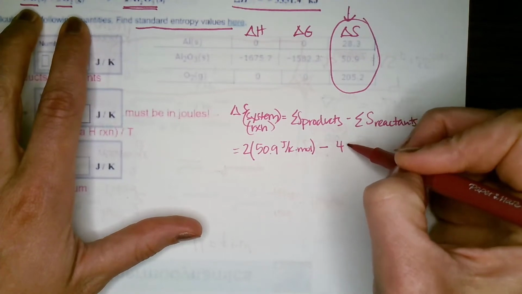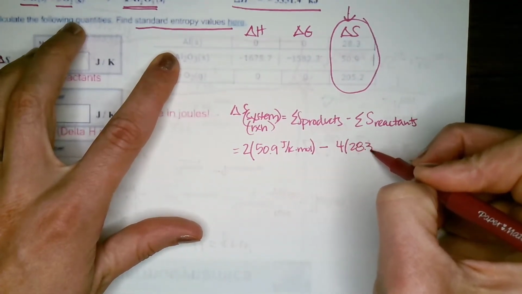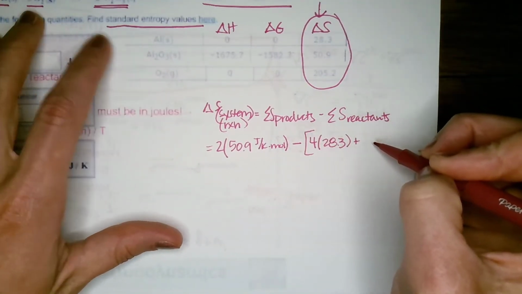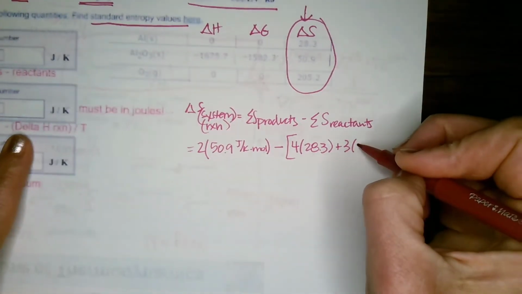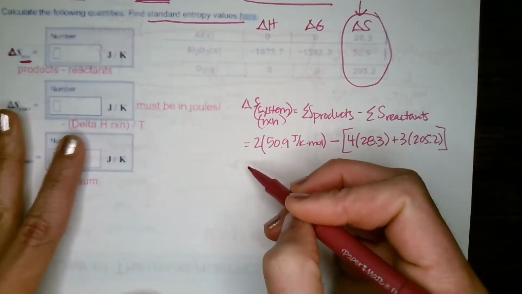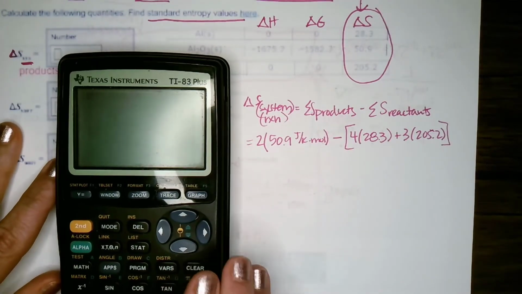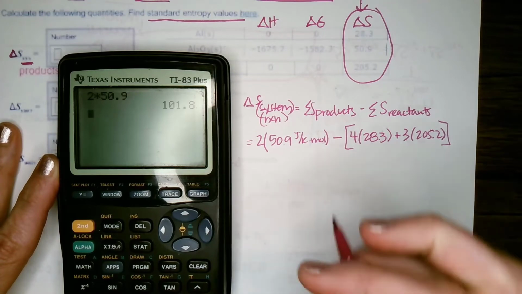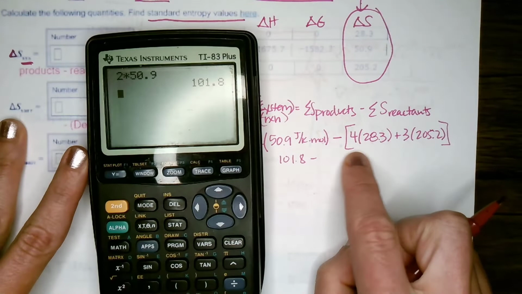I have 4 times my aluminum, which is 28.3, plus 3 times my oxygen value, which is 205.2. So let's do some calculator work here. 2 times 50.9, 101.8 minus, all right, let's do this whole chunk.